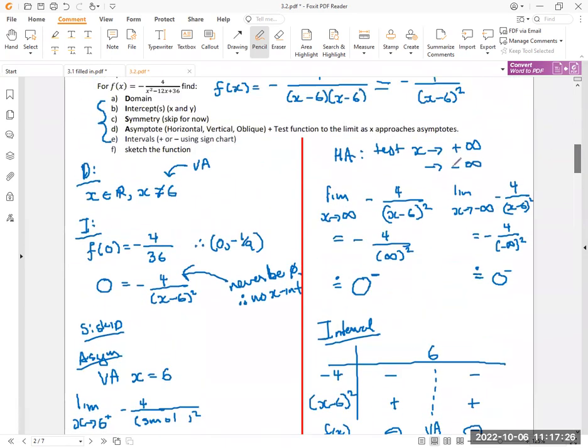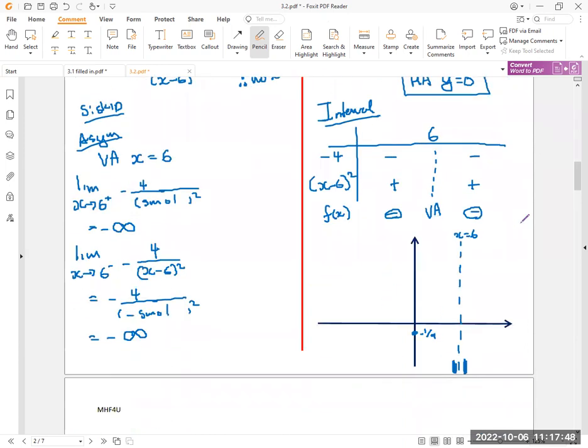Horizontal: as I push to the right or to the left, I am approaching the value of 0, so my horizontal asymptote is y equals 0. But on both sides, no matter what direction I go, I'm approaching 0 from the negative direction.